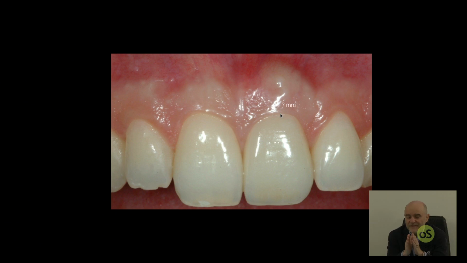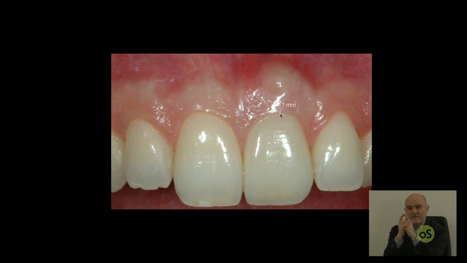While if the thickness of this connective tissue, where toothbrush trauma or subgingival plaque formation occurs, is thicker than 1.5, so 1.8 millimeters, there is an area of this connective tissue that is not invaded by the inflammatory cells, even in the presence of plaque, even in the presence of toothbrushing trauma, which continues to give support and blood supply to the epithelium, where the sulcular and oral epithelium meet, namely at the level of the soft tissue margin.